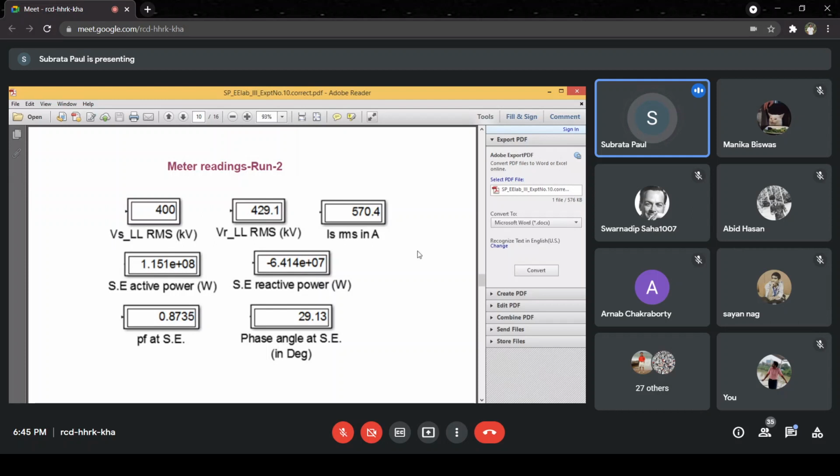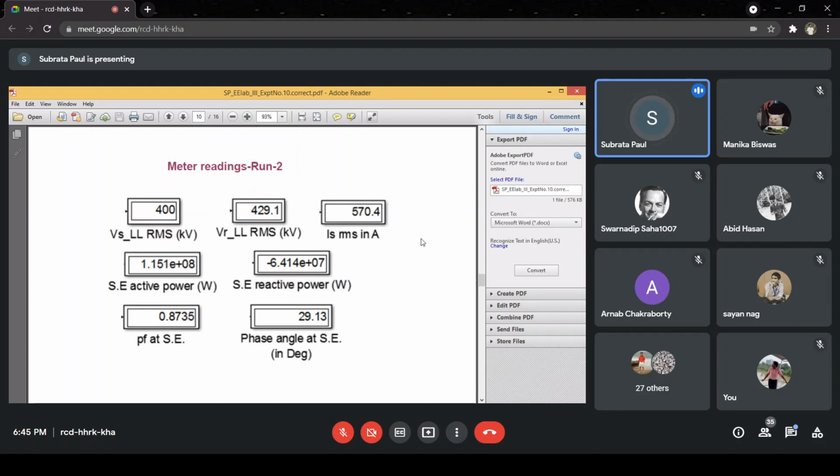Here in the meter reading, the sending end reactive power means the reactive power being delivered by the sending end to the line.